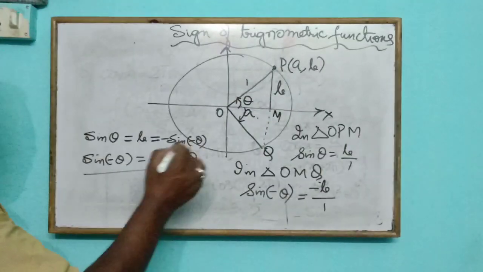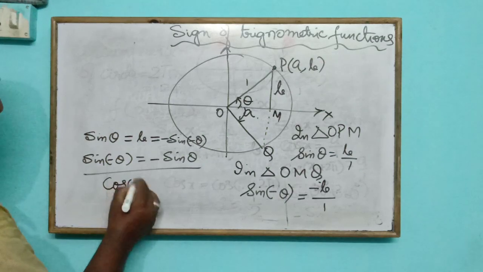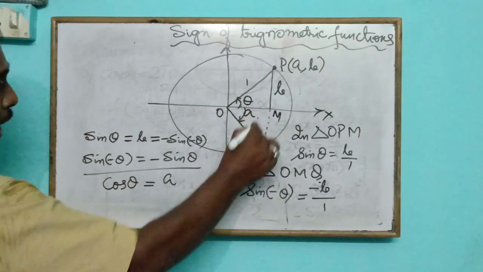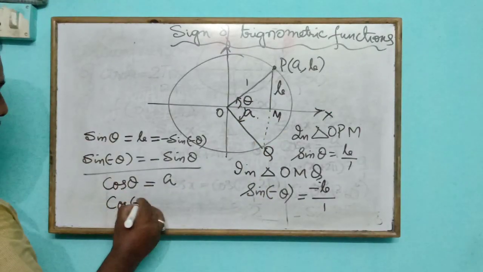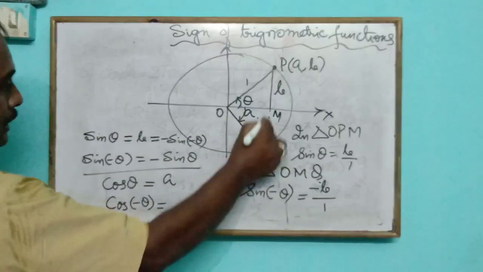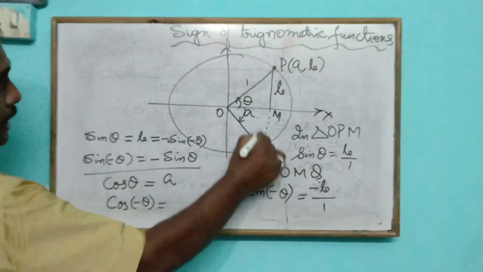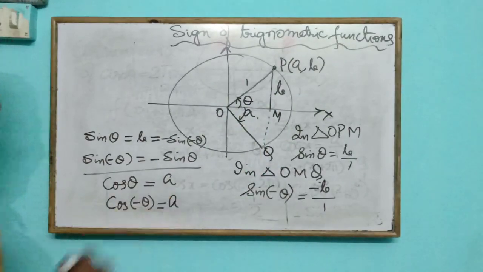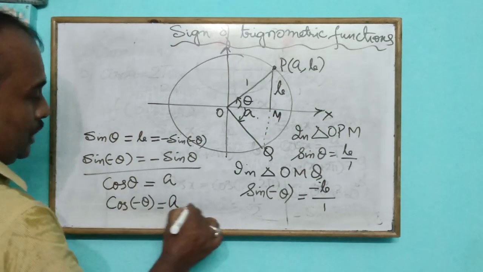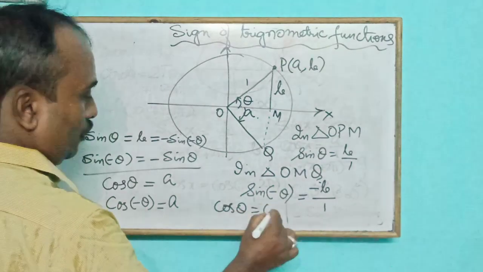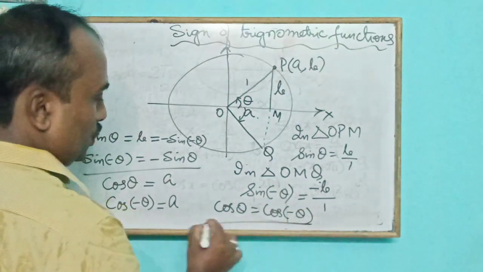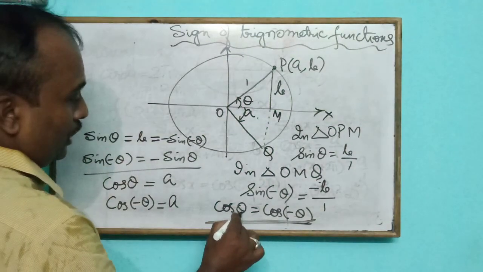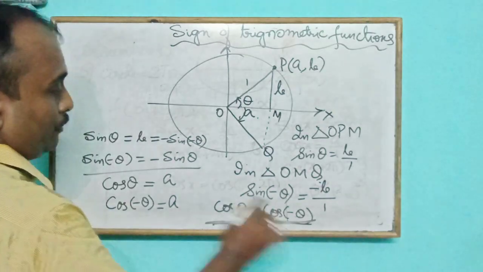Now for the case of cos, cos theta equal to A, and the same way in triangle OMQ, cos of minus theta will be the same thing, because here we are not interested in the y coordinate, only the x coordinate, and it does not change, so it is A. So cos theta is equal to cos of minus theta. So we get two relations. Sine of minus theta is minus sine theta, and cos of theta is equal to cos of minus theta.